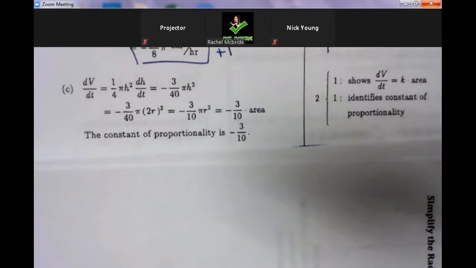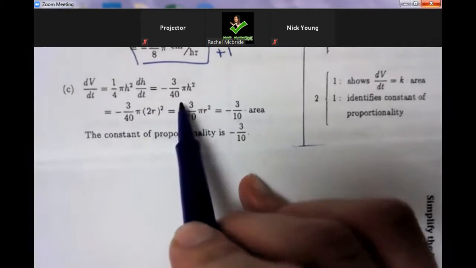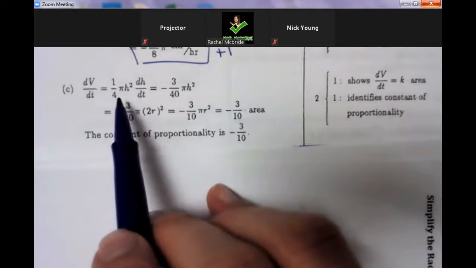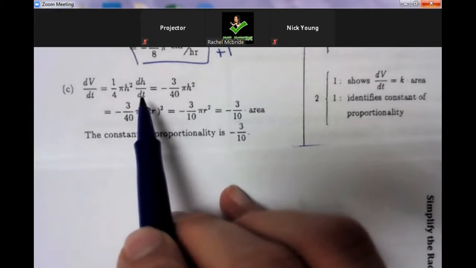What is the constant of proportionality? So we know the derivative of volume. And we know the derivative of volume with respect to the rate of change, h.